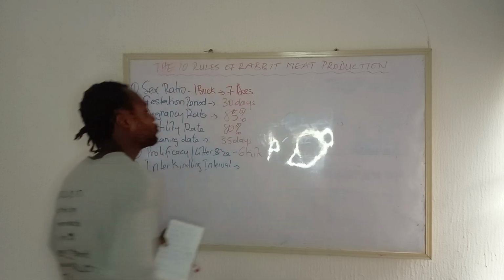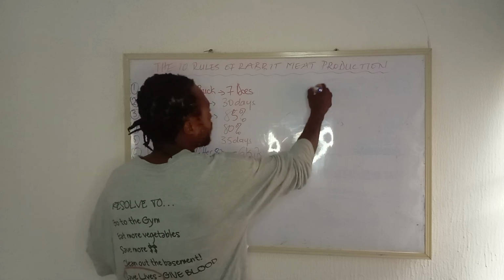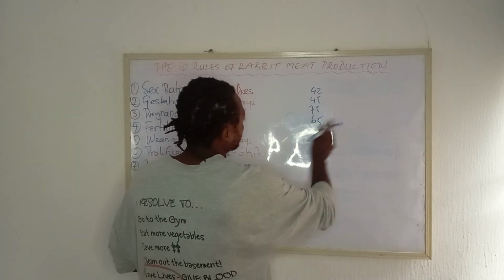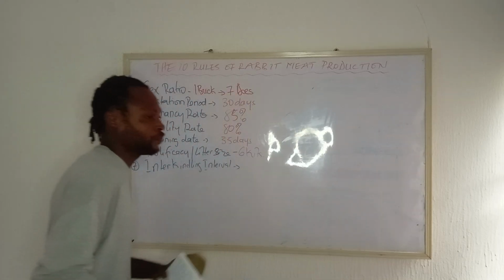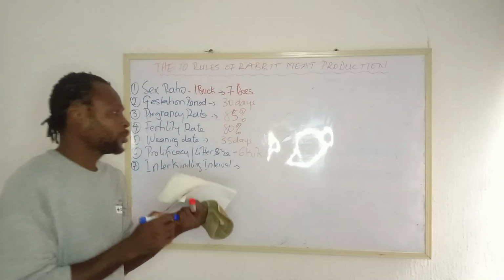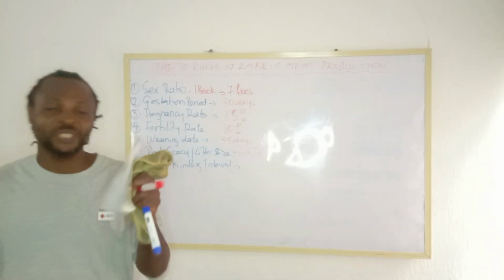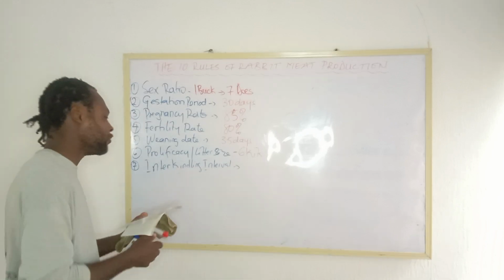So we have different intervals. Depending on the breeding cycle, we have 42, 45, 75, 65. So it depends on the breeding cycle you are using. In more advanced countries, they have what they call all in, all out. But that is in a more developed country. I will explain that in other videos.